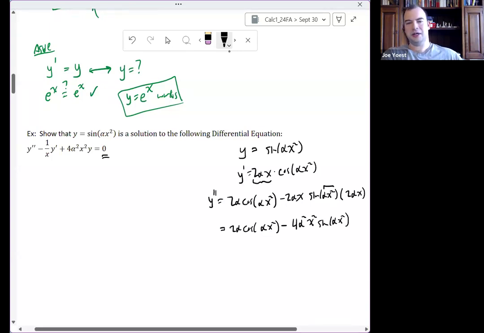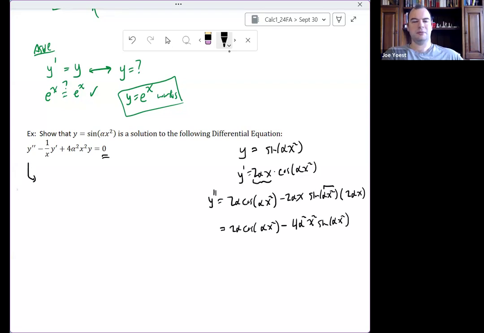Okay, so let's come over here and plug these in and see if everything cancels. So y double prime, I'm going to write these one on top of the other. Y double prime is 2 alpha cos of alpha x squared minus 4 alpha squared x squared sine alpha x squared.